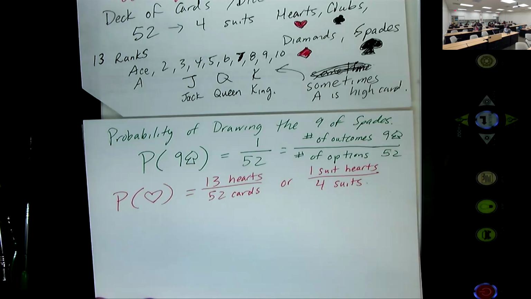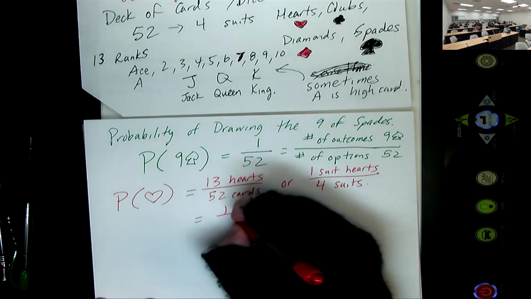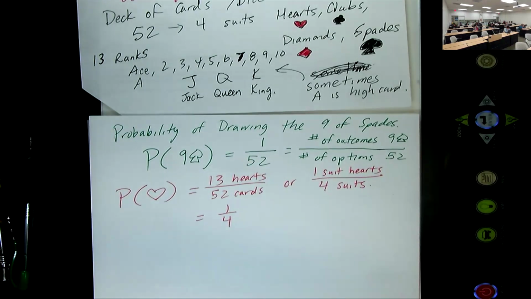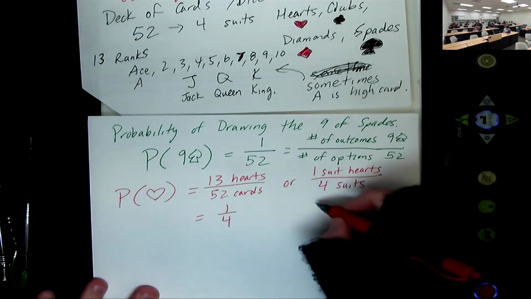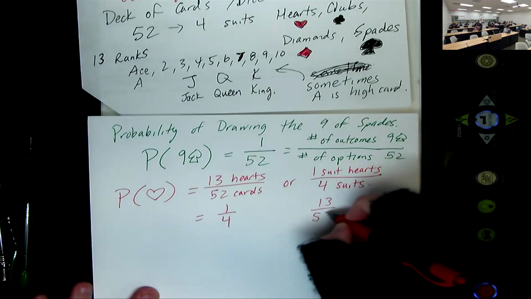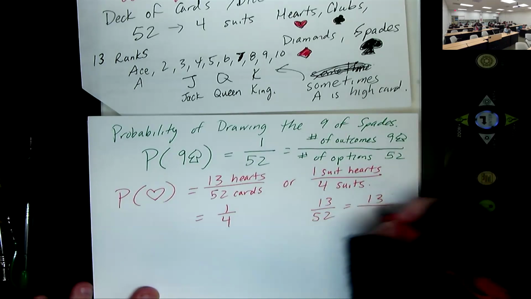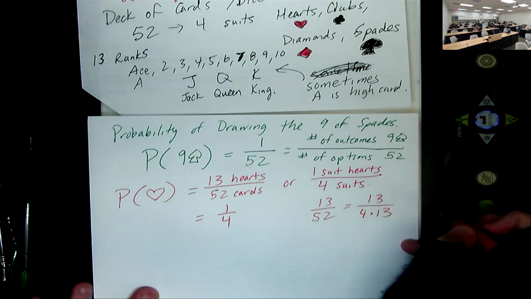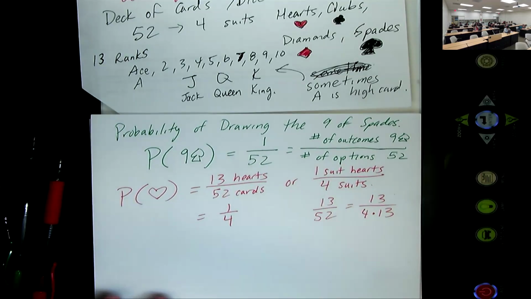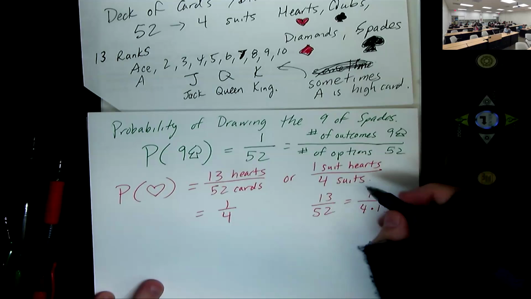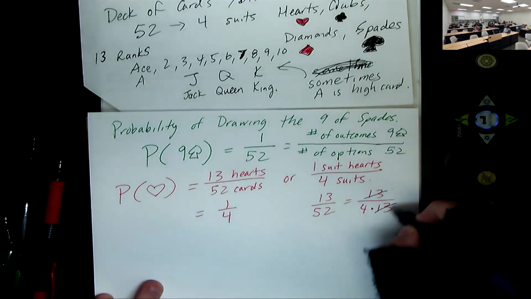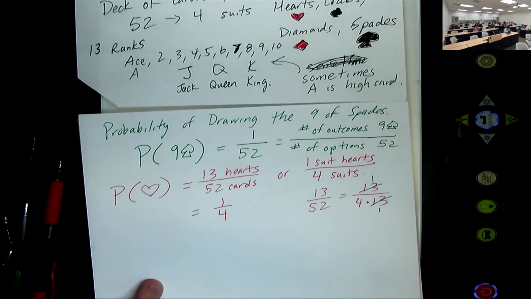Both of them equal 1/4. So we want to reduce when we can. How do I reduce 13/52? 52 is 4 times 13. And we cancel out things that are on top and bottom of the numerator, replacing them with ones. And we get 1/4.